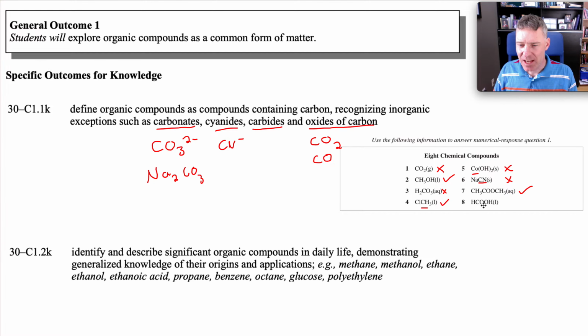And we have a carboxylic acid. If you decode those double O's, C double bond O to O to H, I'll just clean up that messy H. So this, in fact, is organic.